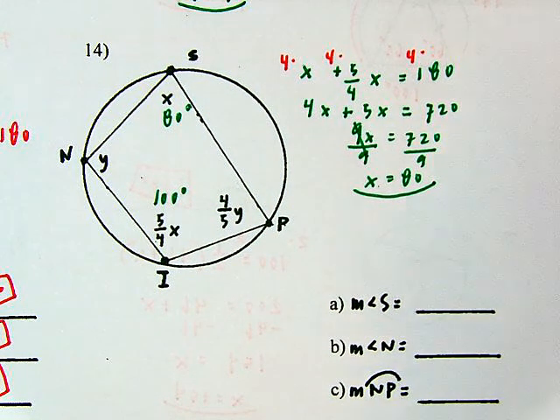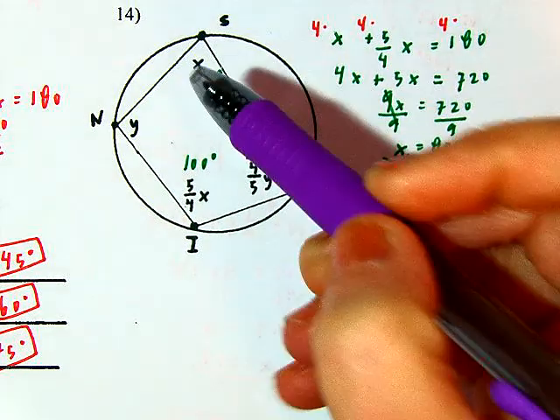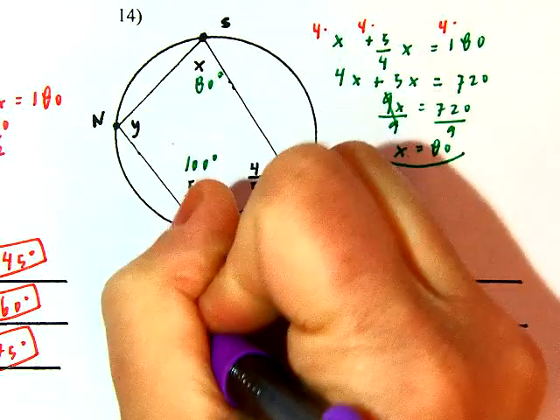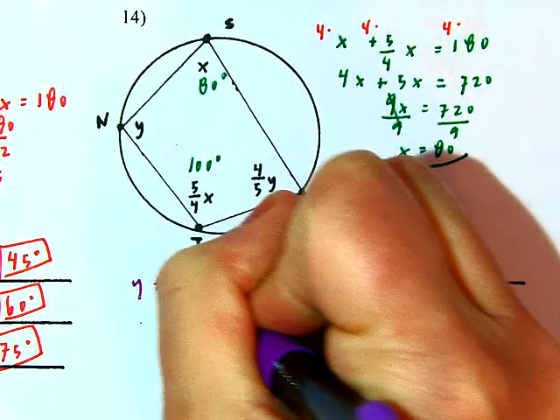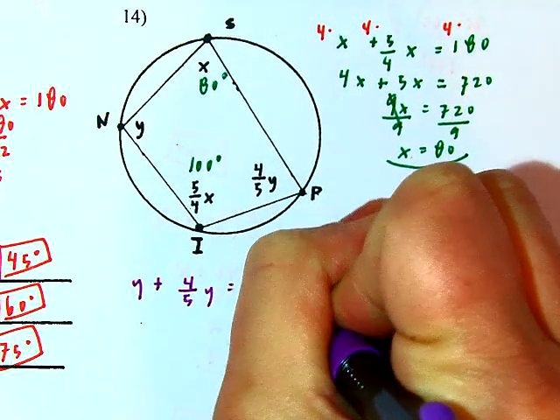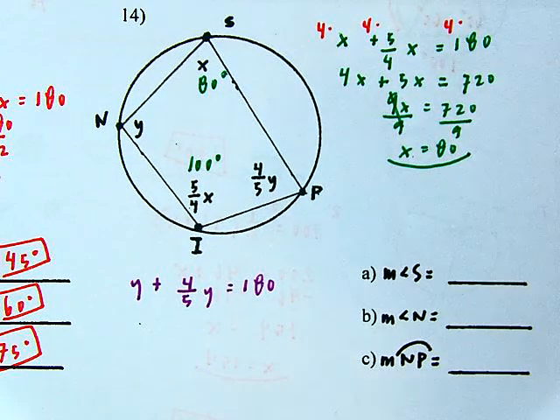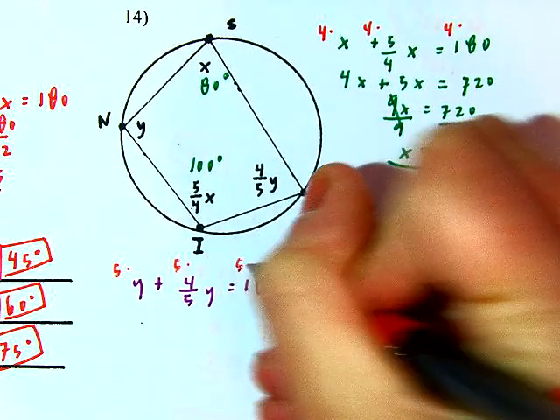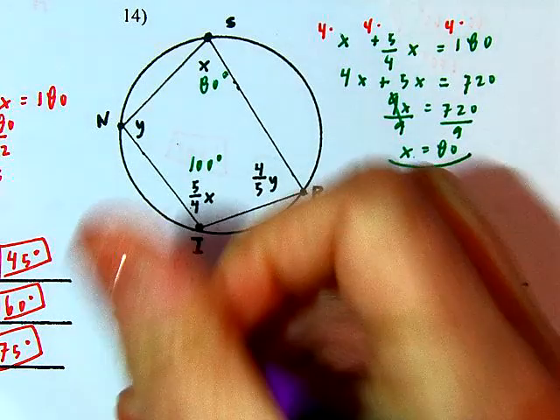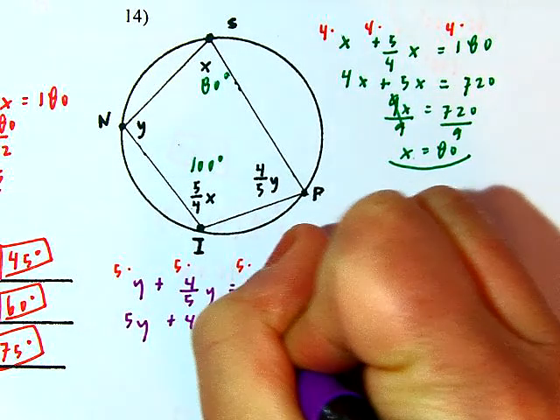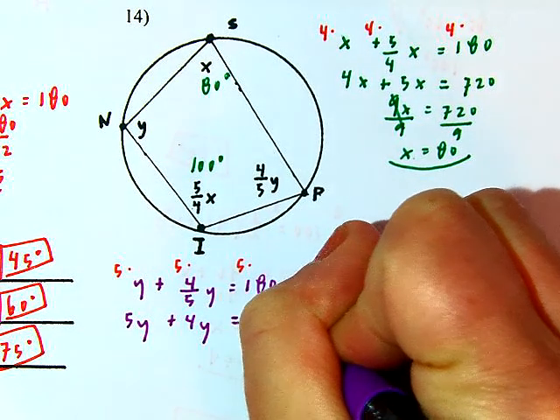Let's look at the y's. Again, opposite positions, they have to add to 180. So I know that y plus 4/5 of y equals 180. Clear the fraction. Now multiply everything by 5. So now I have 5y plus 4y equals 900.